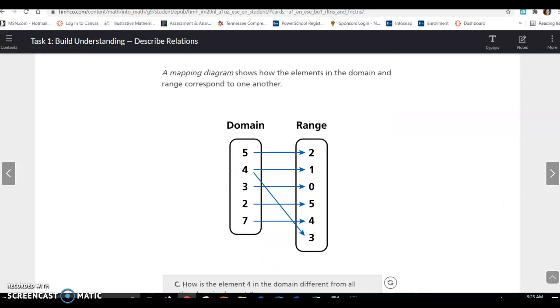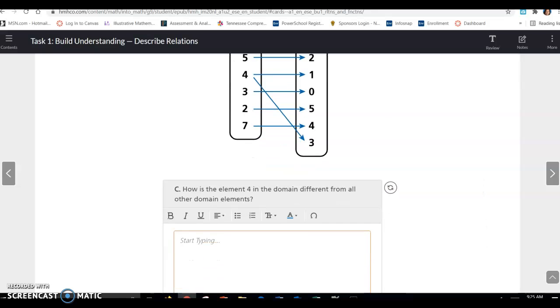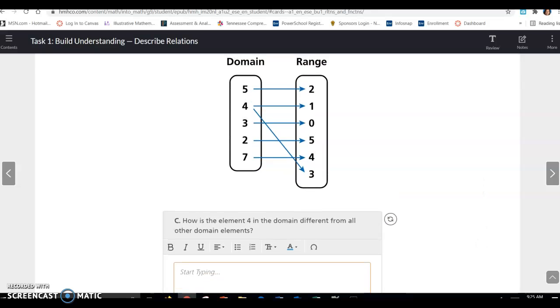A mapping diagram shows how the elements in the domain and range correspond to one another. If you had ordered pairs, this would be your x value or your domain, and this would be your y value in your ordered pair, or these numbers are your range. It says how is the element 4 in the domain different from other domain elements?